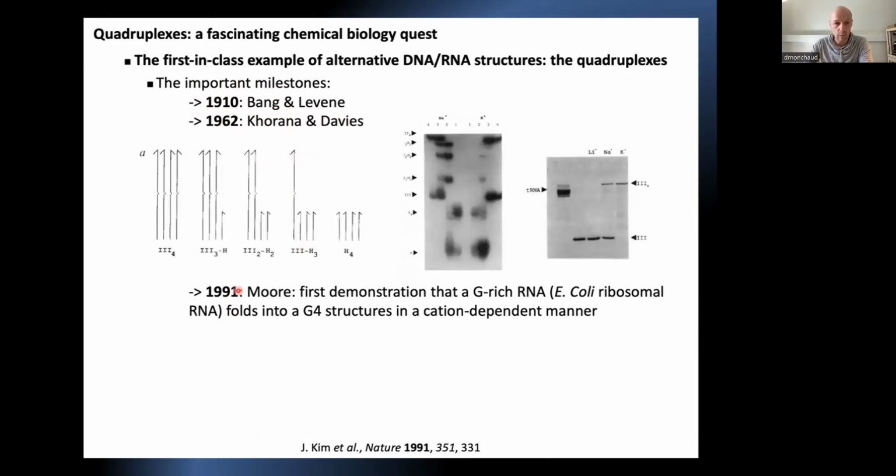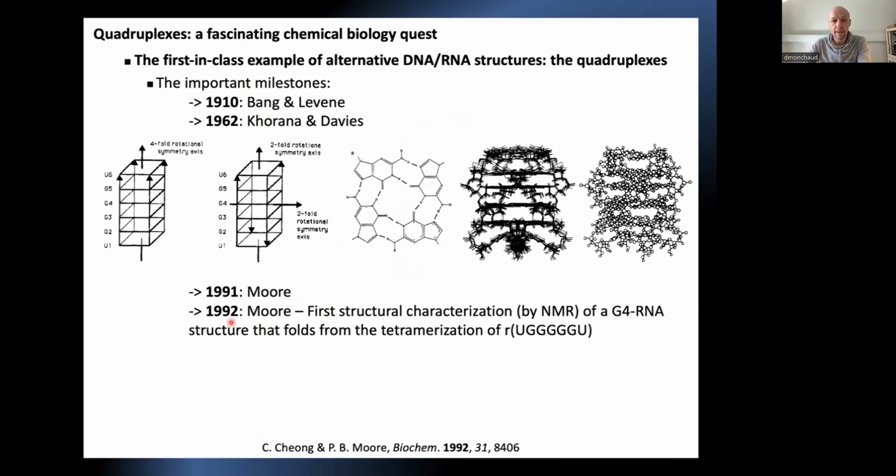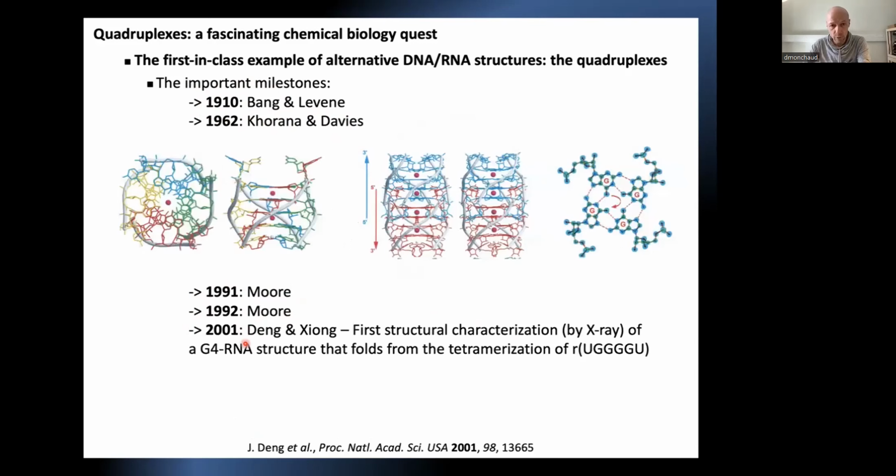But in 1991, Moore provided the first demonstration by gel that a guanine-rich sequence, but this time an RNA sequence, can actually fold into quadruplexes. These were tetrameric quadruplexes. In 1992, he provided the demonstration by NMR that tetramolecular RNA quadruplexes can fold. And in 2001, Deng and Xiong reported on the crystal structures.